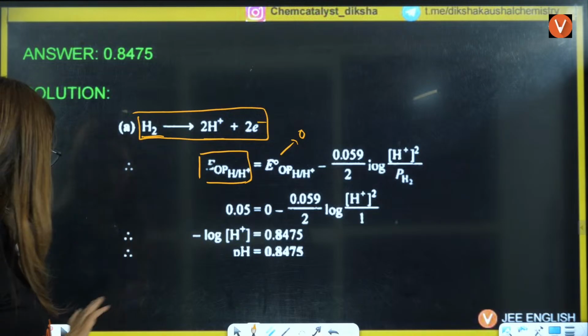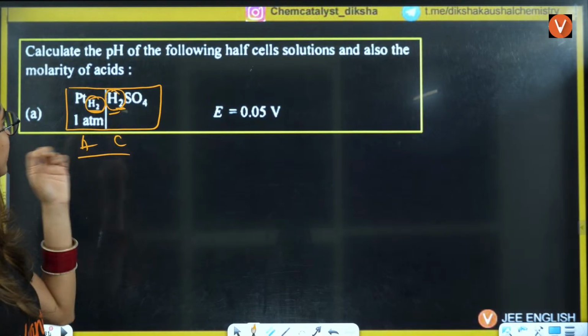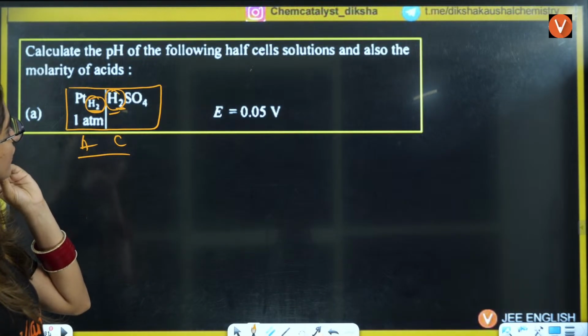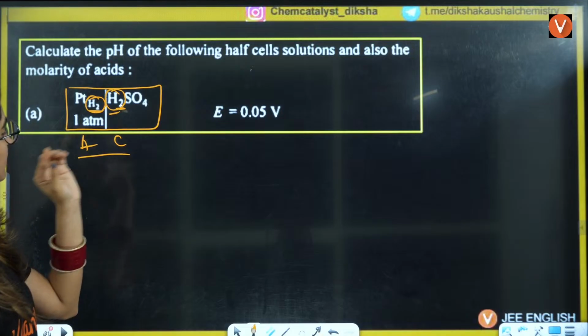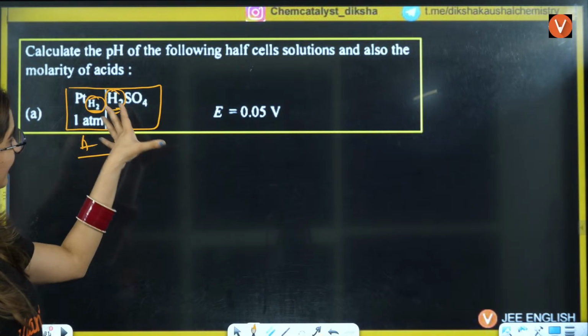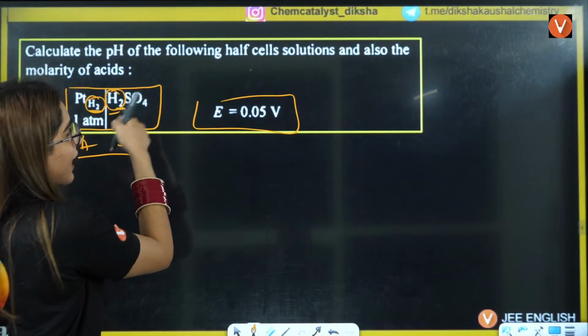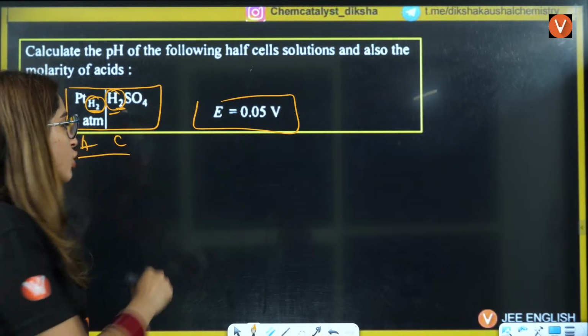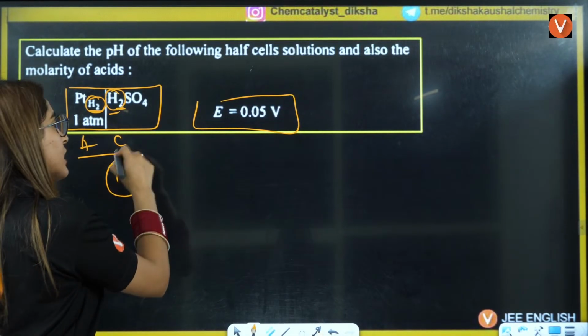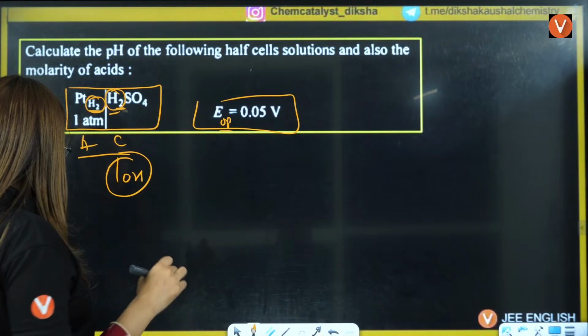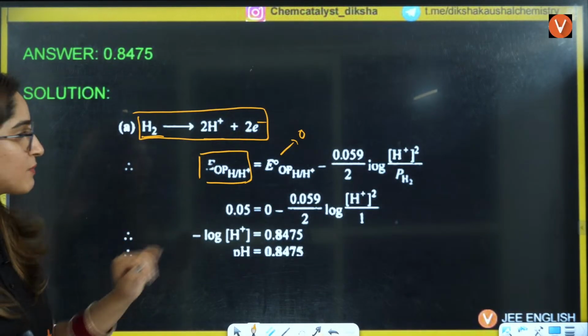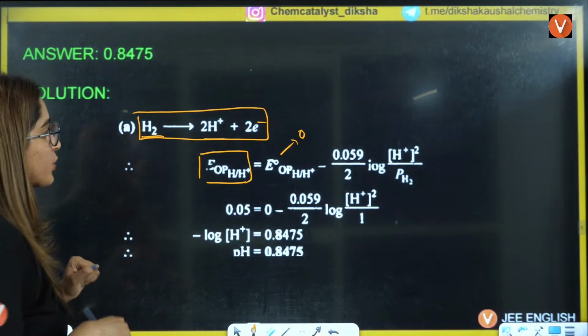That is important. Here they have given you the E cell value, because for this reaction, loss of electron is happening. That means oxidation potential is given to you, right?